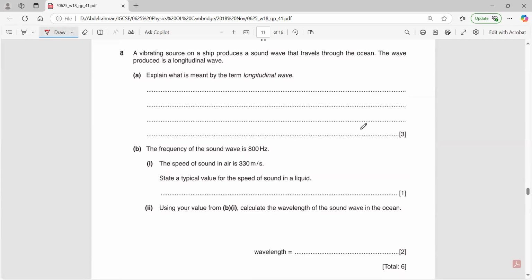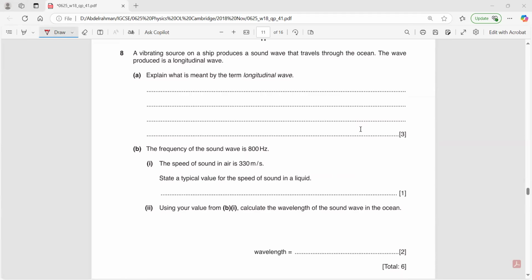Explain what is meant by a longitudinal wave. That's easy. A longitudinal wave is a wave that vibrates left and right, parallel to the energy motion.